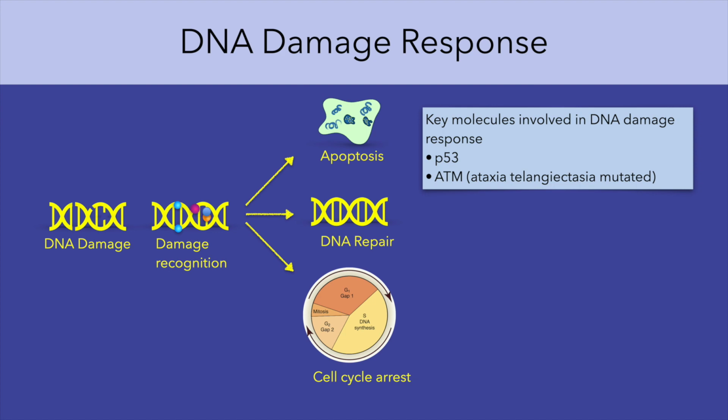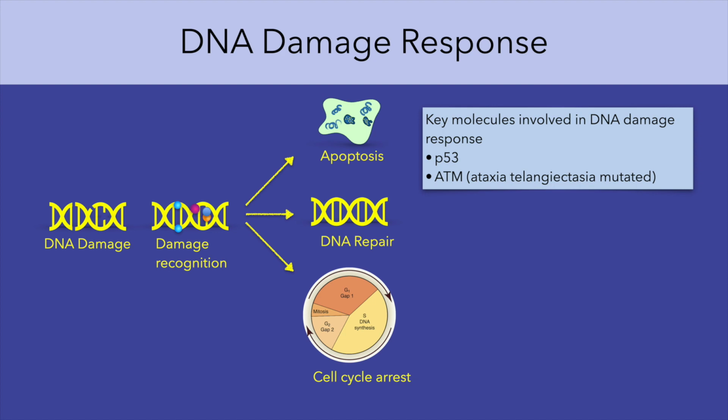Most base damages, single-strand breaks, and DNA crosslinks are efficiently repaired by base excision repair and nucleotide excision repair mechanisms. In contrast, double-strand breaks are less efficiently repaired and are thought to be the detrimental event for cell killing, tumor induction, and heritable effects of ionizing radiation.